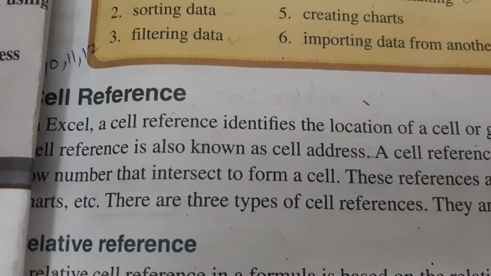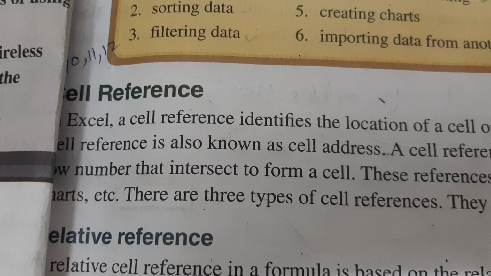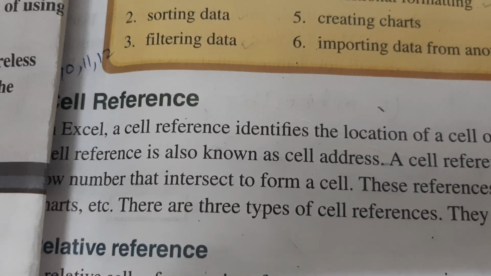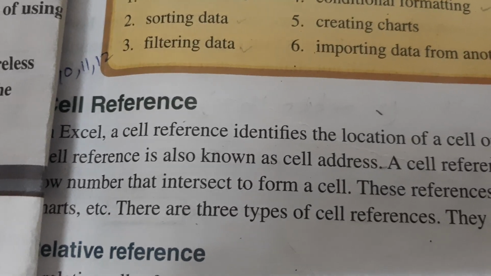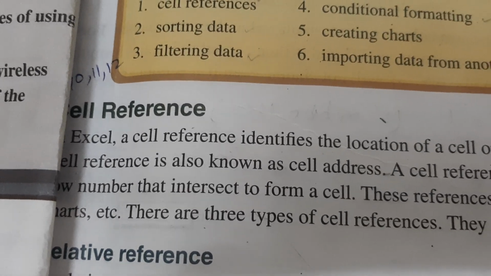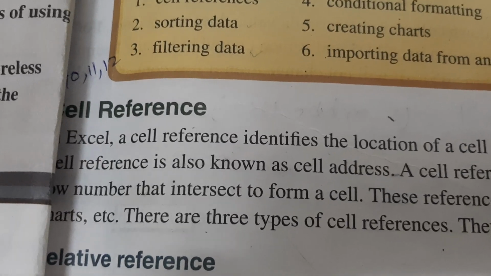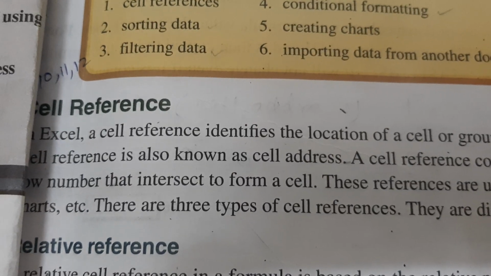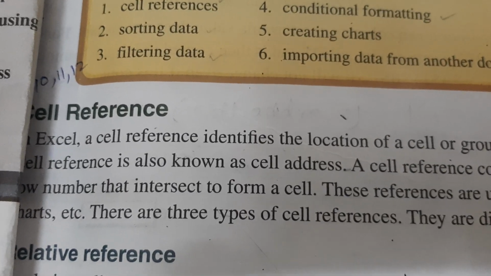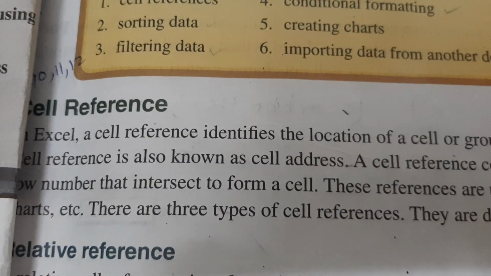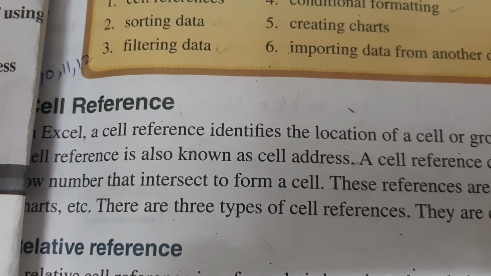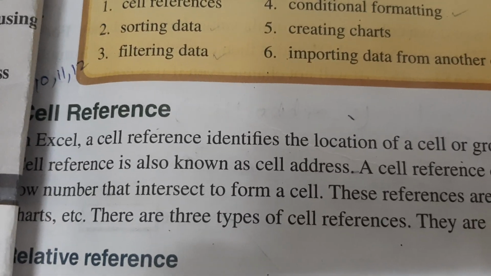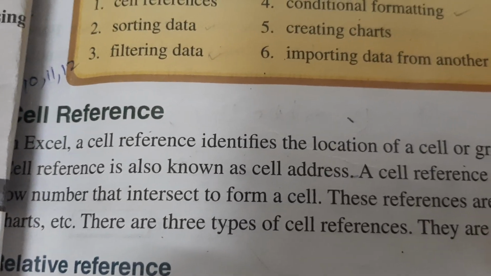Students, by default, cell references are relative references in Excel. When copied across multiple cells, they change based on the relative position of rows and columns. A relative reference describes how far a cell or group of cells is from another cell in the same spreadsheet.